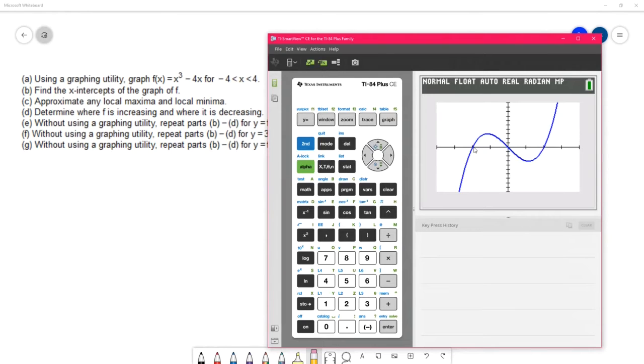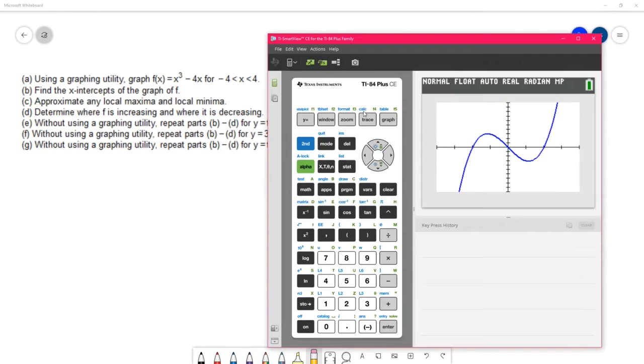So for this example, the exact values will be negative 2 and positive 2. But if your function is shifted any way, left or right, maybe it doesn't land exactly on one of these tick marks, you want to be able to figure out what that x-intercept is. Oh, there's also an x-intercept right here at 0 as well.